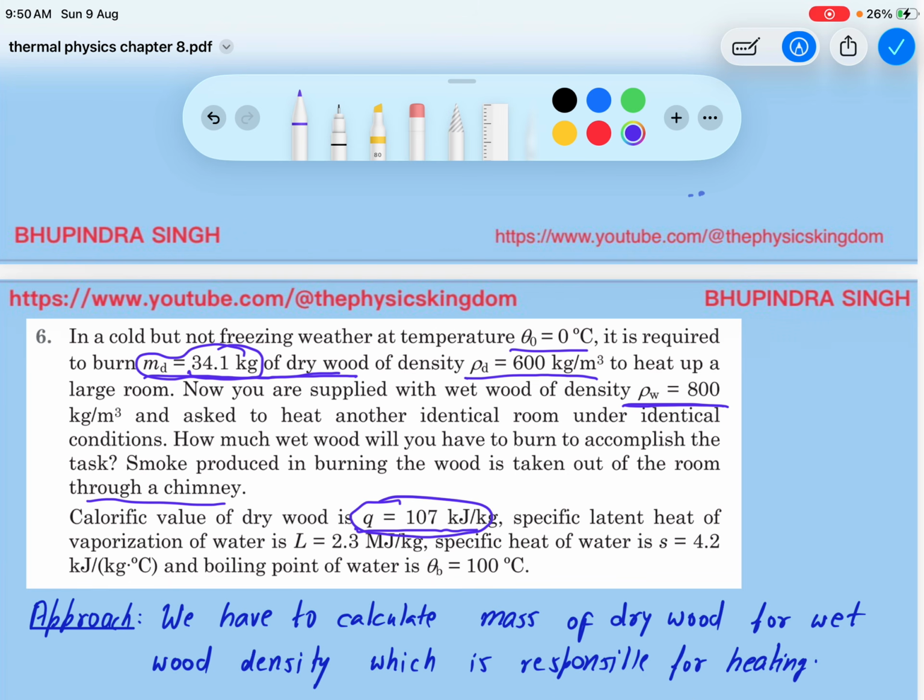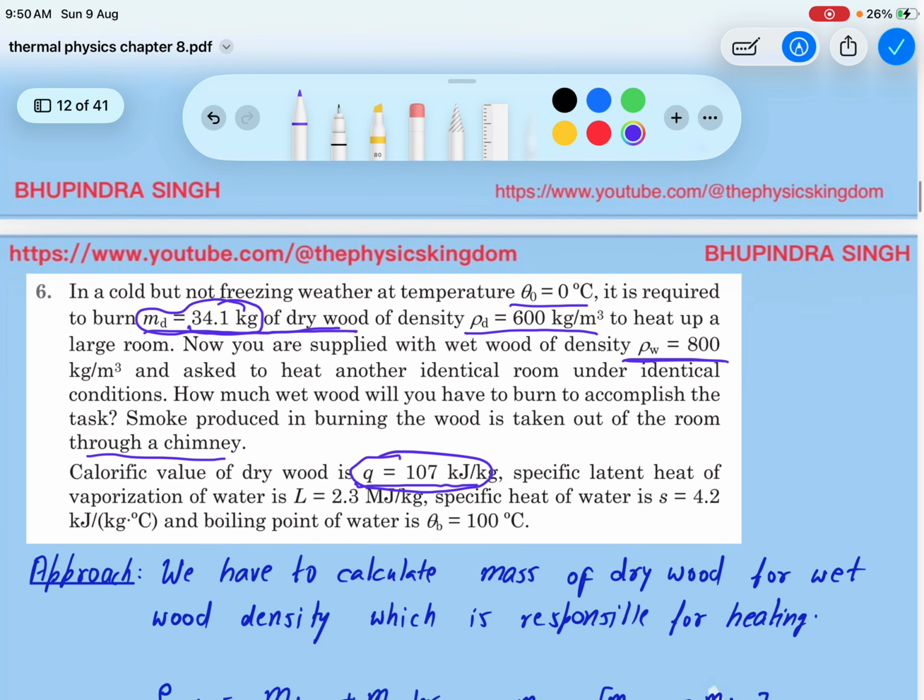In the case of wet wood, what do we have? Water inside the wood. So not only do you have to supply heat for the room, you have to supply heat for what, beta? For changing this liquid into gas, right? So this water you need to convert into gas, right? That also requires heat, right?